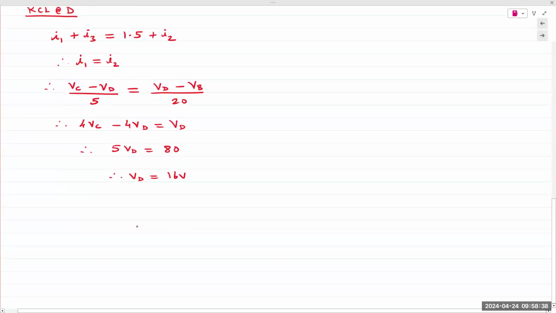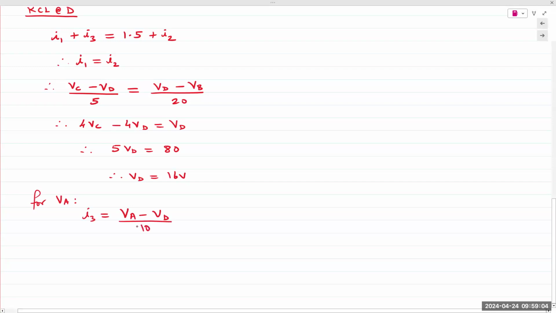To find VA, I'm going to use I3. I3 can be written as VA minus VD. It's the current flowing through the, what resistor is it? 10 ohm resistor.